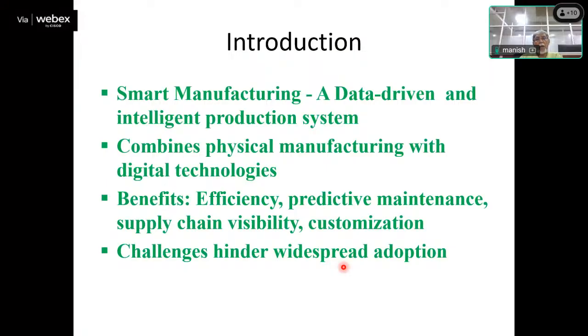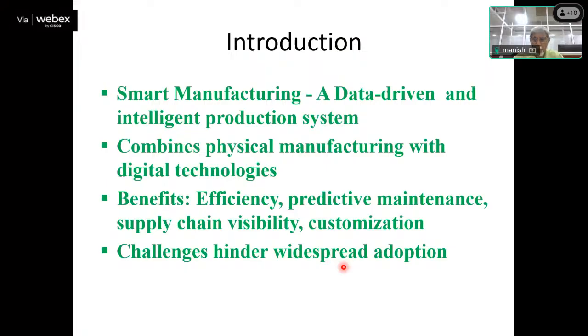So naturally, a lot of discussion has been there by this time on the essence of digital technologies, and you have now become quite familiar with all these things. So I will not go into the details of that, except for the fact that if we do not really meet the different challenges which come across the implementation of smart manufacturing, then its widespread adoption, right from the small industries to the larger organized sectors, will be quite a difficult situation.